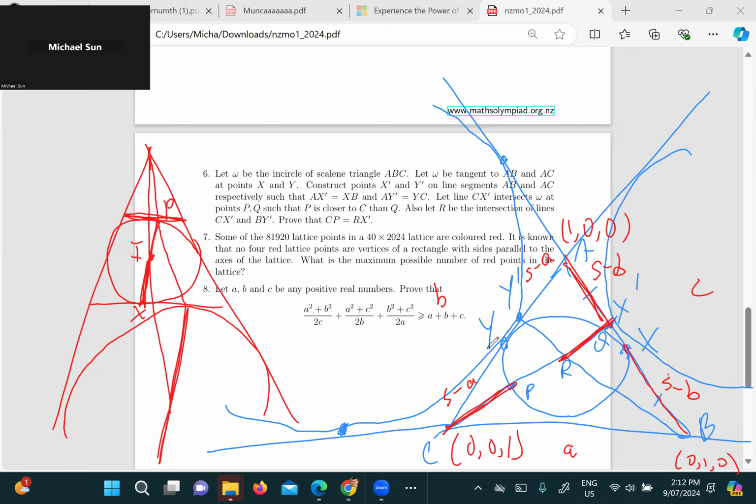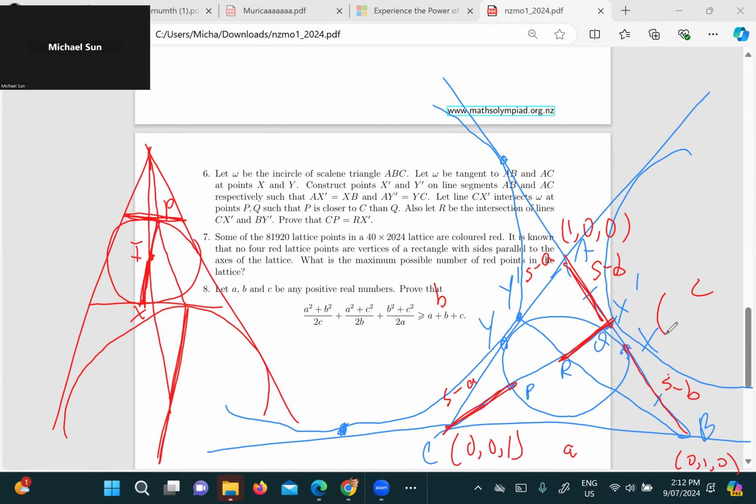Alright. Okay, so what are the coordinates of X prime then? Do you know? I know the last one's 0. Which one's 0?